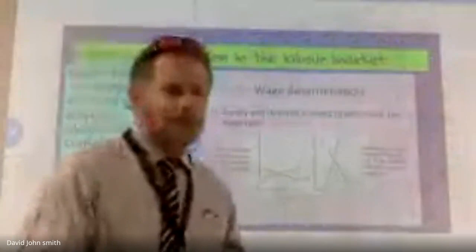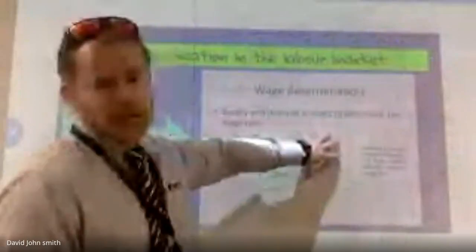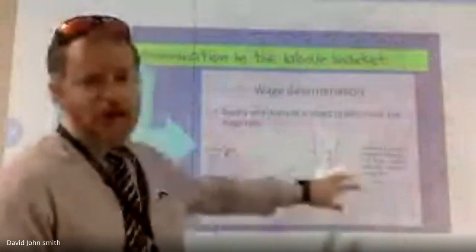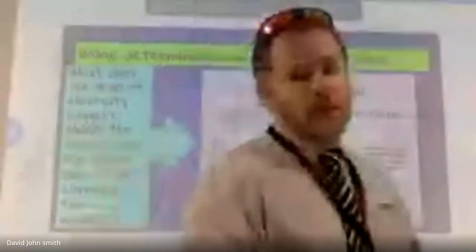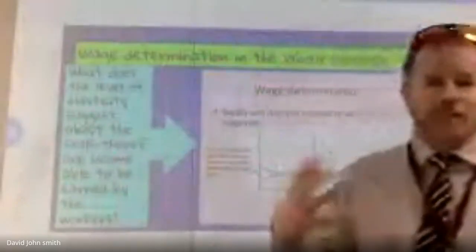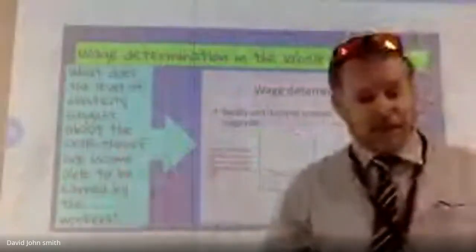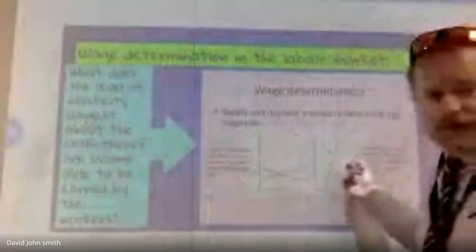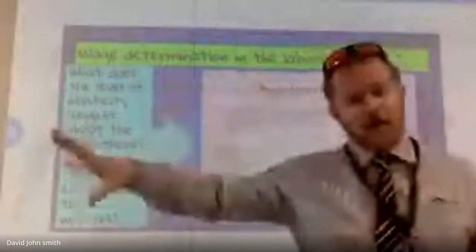That idea of different skill sets causing the wages for those two different occupations to be quite different is an important one. You can be asked actual exam questions, either multiple choice, which is good because it gives you the answer, or in paper 2, extended response, in which case you might even need to draw the diagrams to explain why it is that, say, a cleaner might earn less than a professional athlete. Now, again, this image you can clip out of the slides and put into your notes because it actually explains it really well, and that will be a very useful thing for you to do.